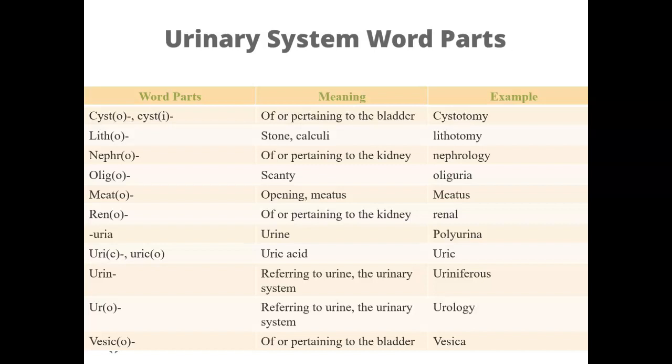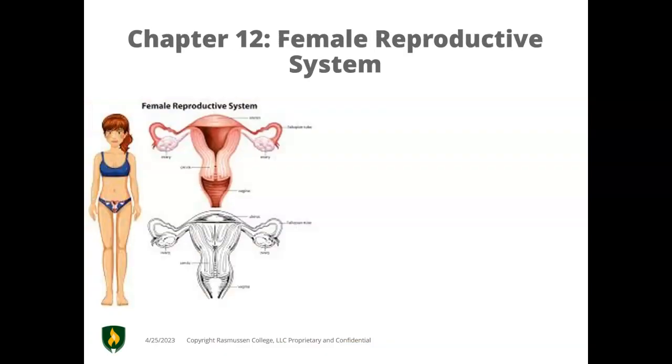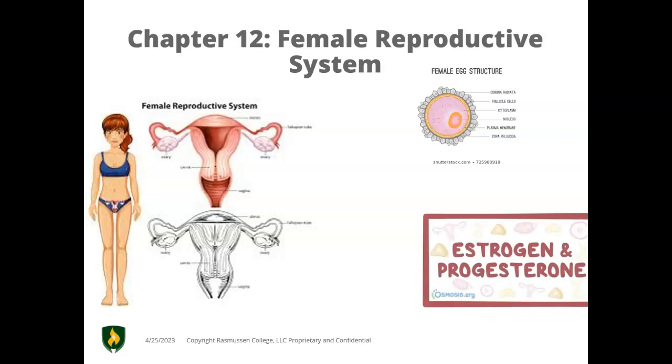Next, we have chapter 12, which is referring to the female reproductive system. The female reproductive system is designed to produce and transport ova, or the female sex cells, discharge ova from the body if fertilization does not occur, and then nourish and provide a place for a developing fetus throughout pregnancy if fertilization does occur.